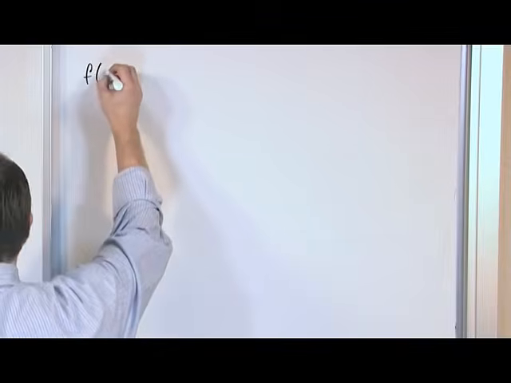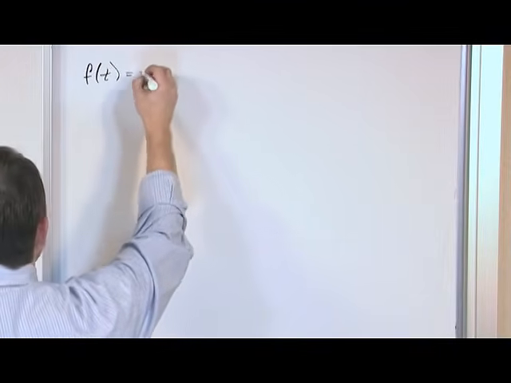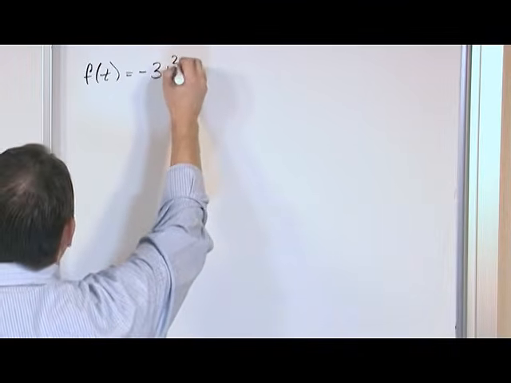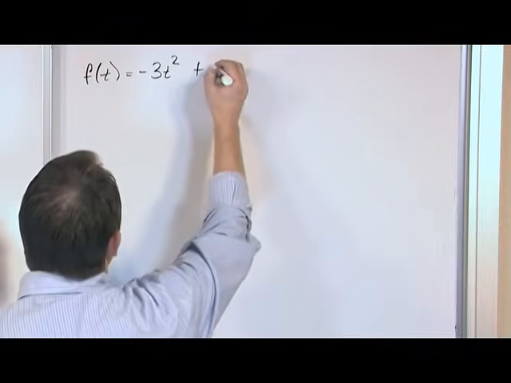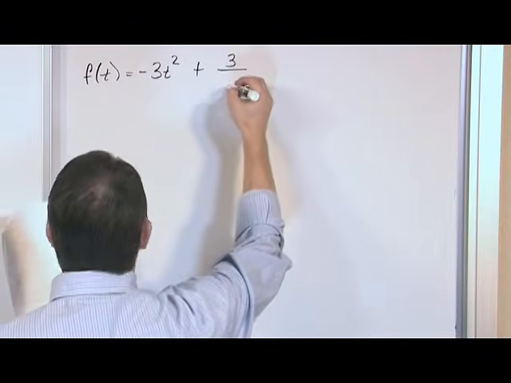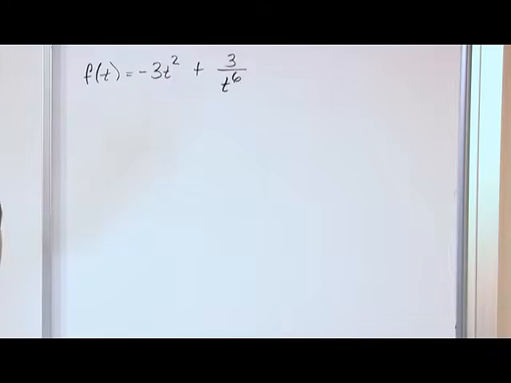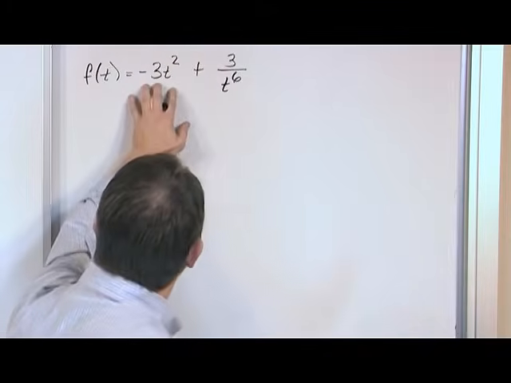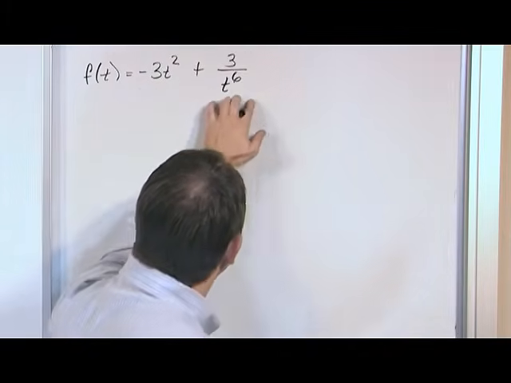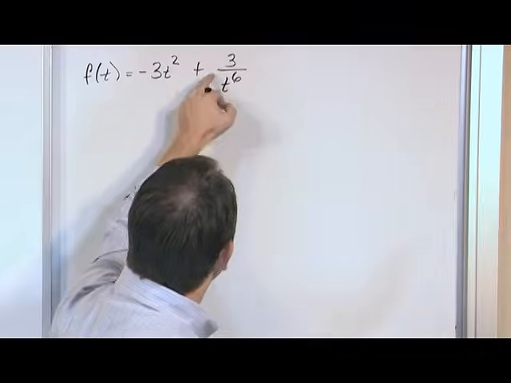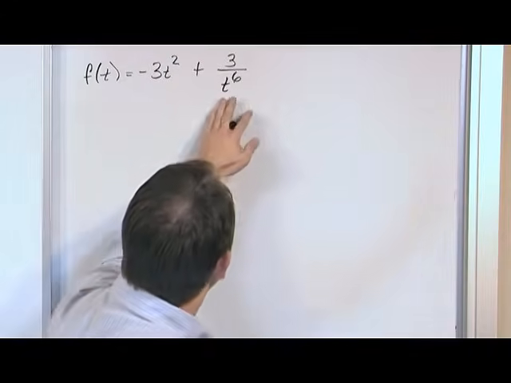What if we have f of t again, let's say, negative 3t squared plus 3 over t to the 6th. Here we have a combination of two different things. So we're going to take the derivative of this one and then the derivative of this one separately and add them together. This looks a little funny, but we know how to handle that. We're just going to rewrite it.